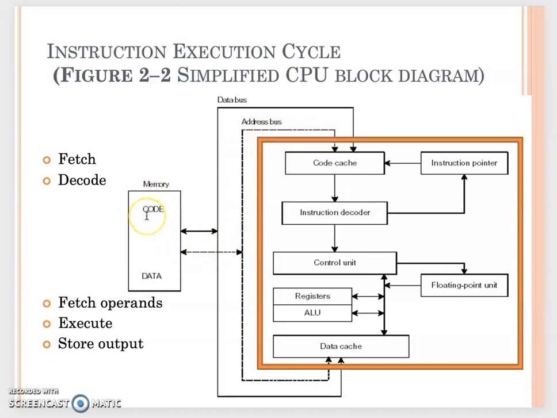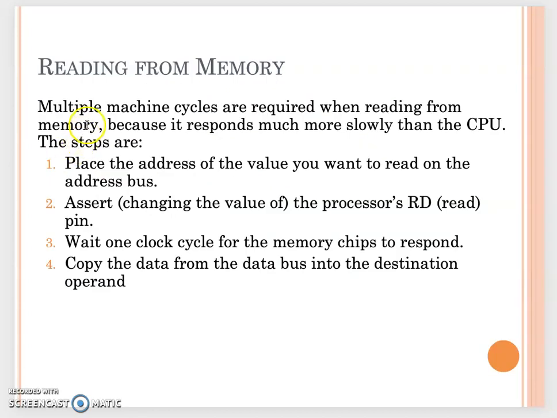After that, the data you find will pass into the data bus, then go back to the CPU to process. When you're reading from the memory, you basically require multiple machine cycles. So it's not only one instruction, like we say, one instruction for one operation. If you need to read through the address, you need to pass in the address, then get the data, then pass it to the data bus.